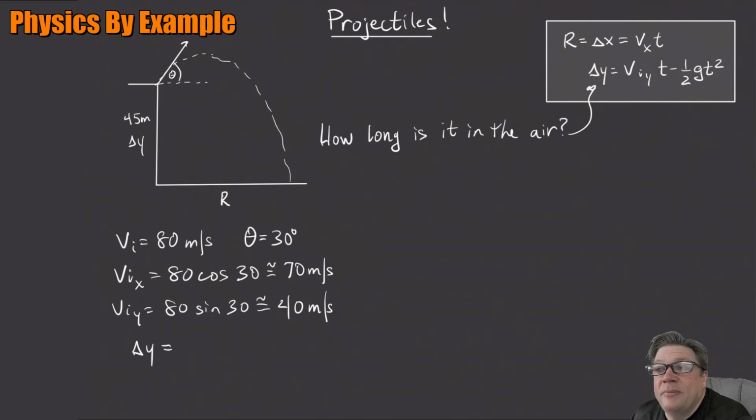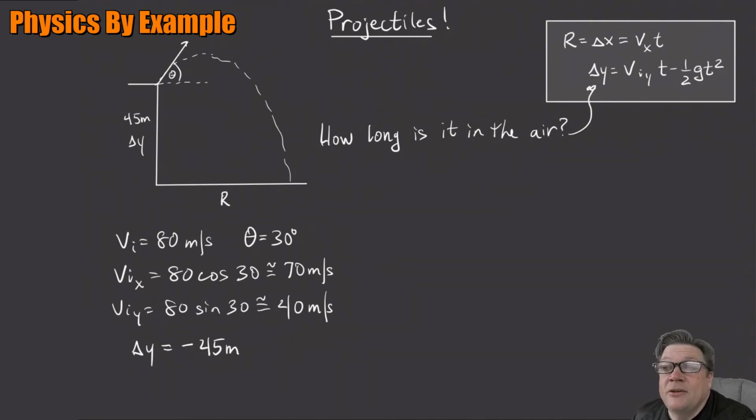If we call the landing point the ground, then that's going to be y final, and y initial is going to be 45. So how much did we change in y? We went down, right? So delta y is minus 45 meters. If delta y is plus, that means we shot up and hit a target above the ground. So those signs are going to become important.